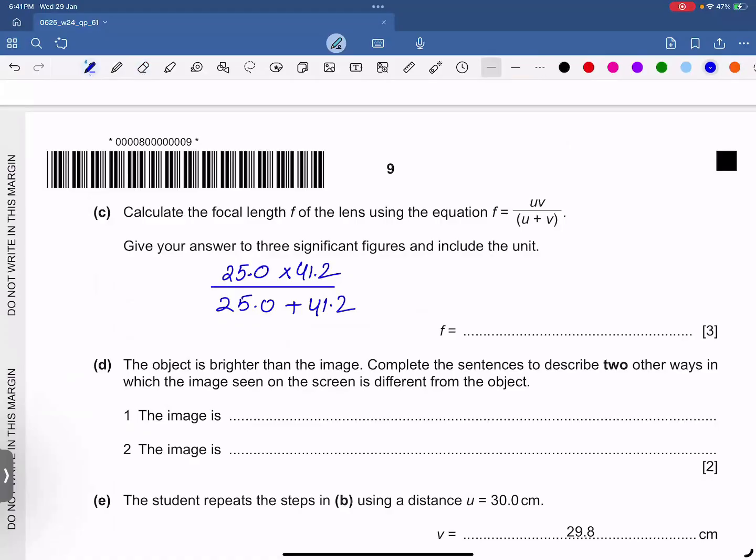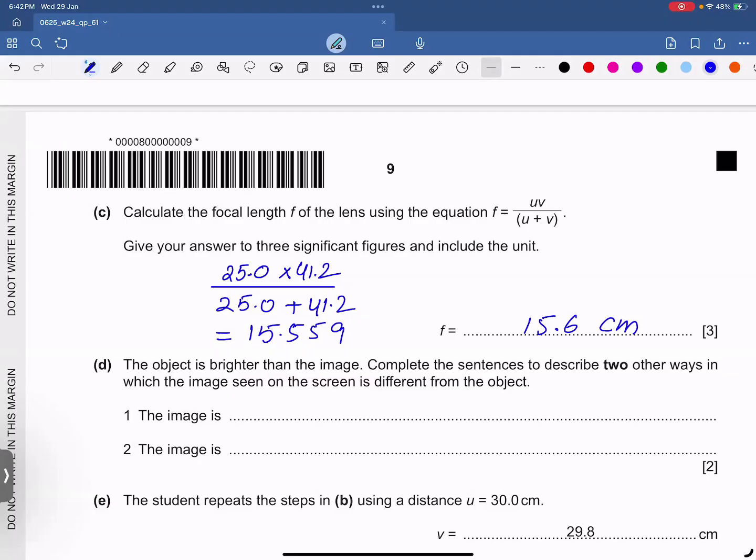Let's calculate and write to the same precision as 1 centimeter as we wrote before. 25 times 41.2 divided by 25 plus 41.2 is giving me 15.559. So I will write 15.6 centimeters. Make sure you write the unit, and centimeters precision has to be 1 decimal in Paper 6.